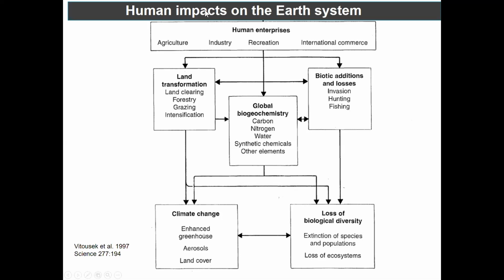And here we can see one of the earliest papers of ecosystem ecology, and you can see the effect of human enterprises in the different global change drivers and how these affect biodiversity loss. However, here biodiversity was only considered a response variable, and we were only interested in evaluating the anthropogenic disturbances on biodiversity loss.